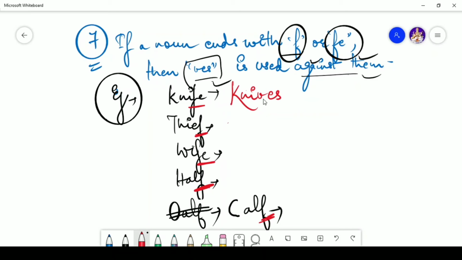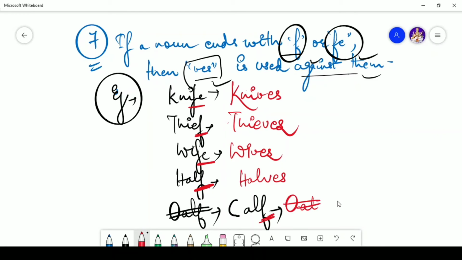Now knife will become knives, thief will become thieves, wife will become wives, half will become halves, calf will become calves. Got it? CALVES. So in all of these cases, if you watch out, you will understand that all of these nouns end with either f or fe. Then you simply have to use ves in order to change them into the plural form.